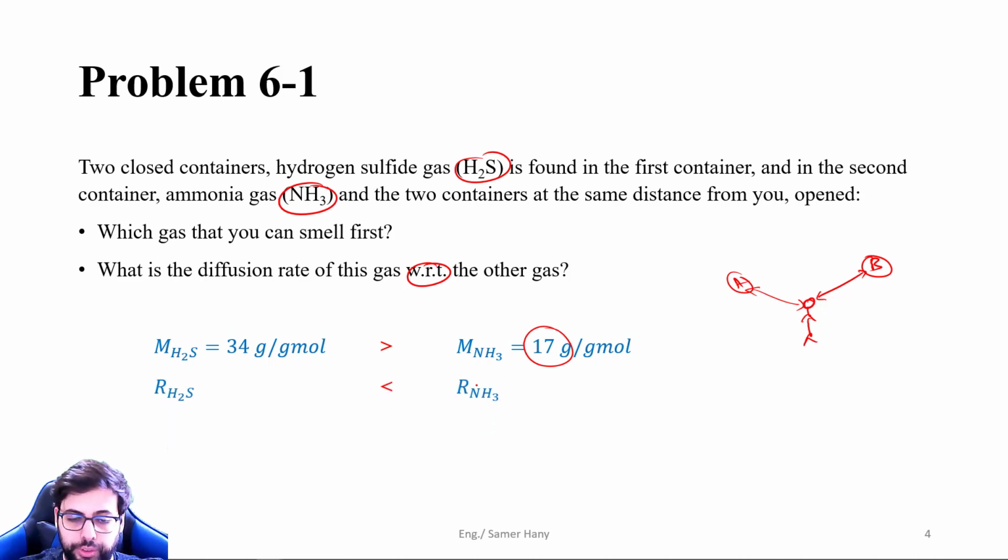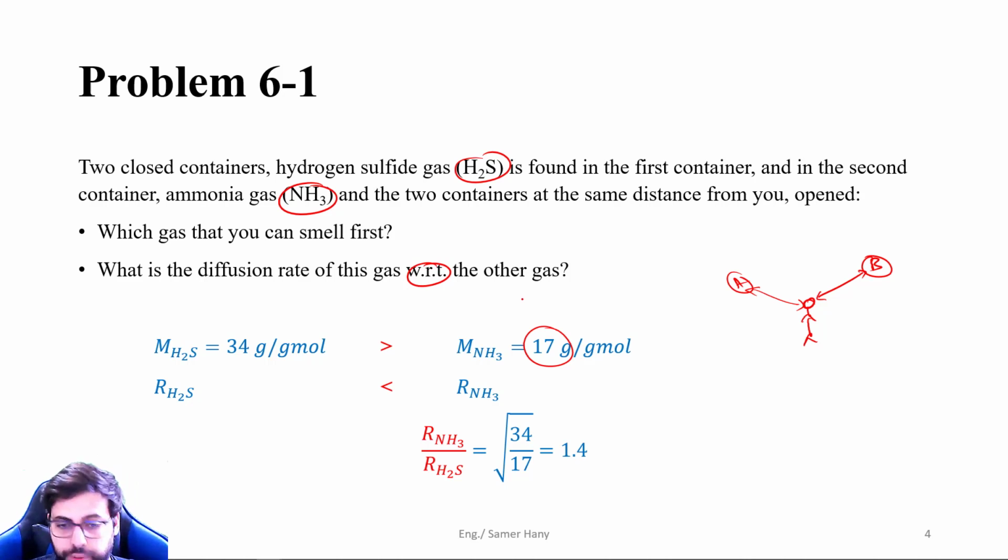So the rate of diffusion of ammonia will be faster than hydrogen sulfide. How much faster? We can get the ratio of the rate of diffusion of ammonia to hydrogen sulfide, which is the square root of their molecular weight ratio, which is just 1.4. So the ammonia gas will be faster than hydrogen sulfide by 40%.